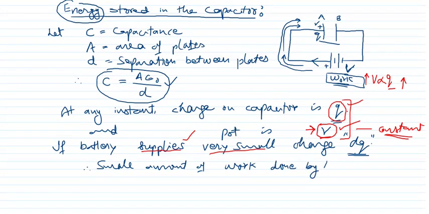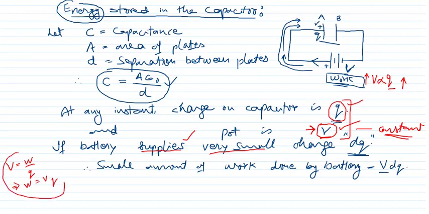by the battery will be how much? What is the formula of work done? Potential into charge supplied. Do you remember the formula? I will write it here in red color. What is this? We know the potential is equal to work upon charge. So if we cross multiply, we get work is equal to potential into charge.